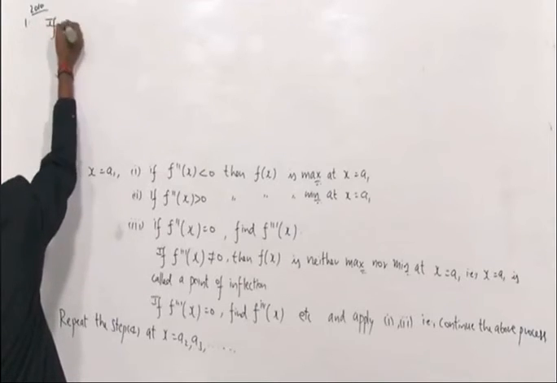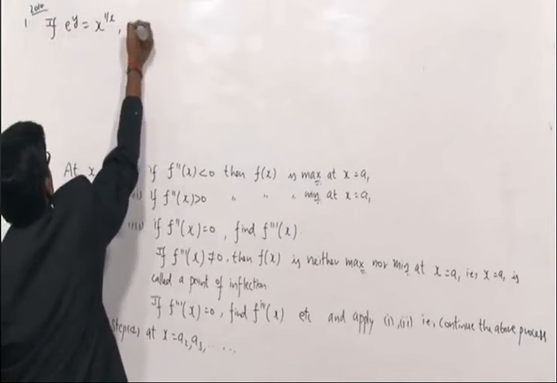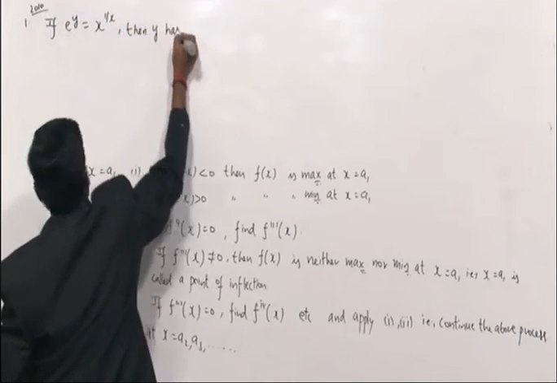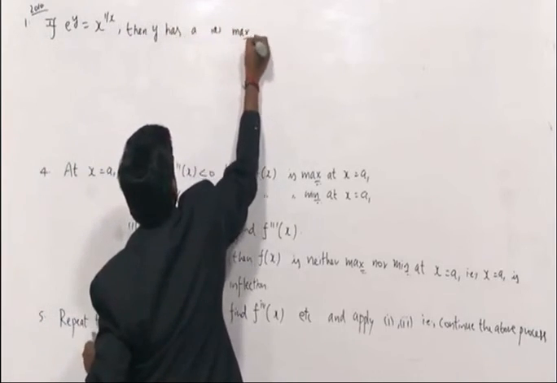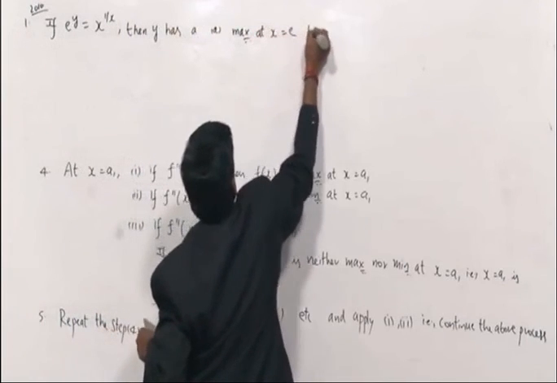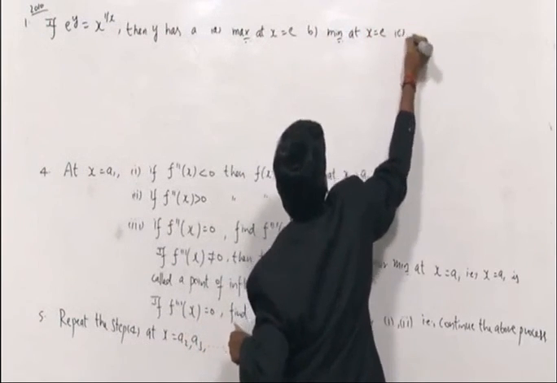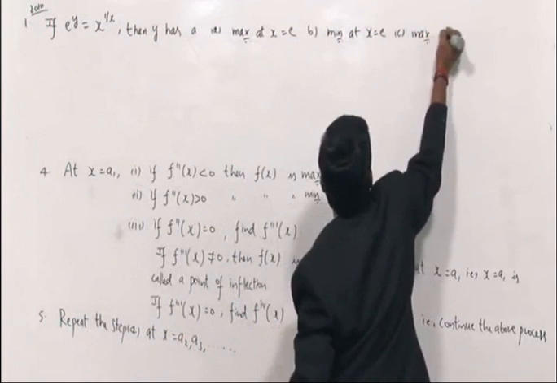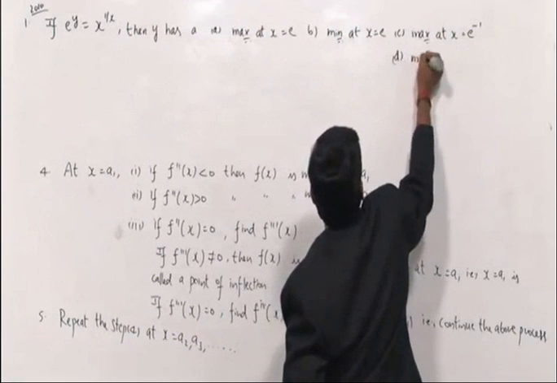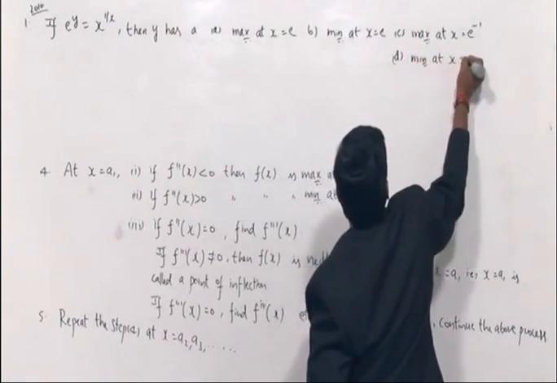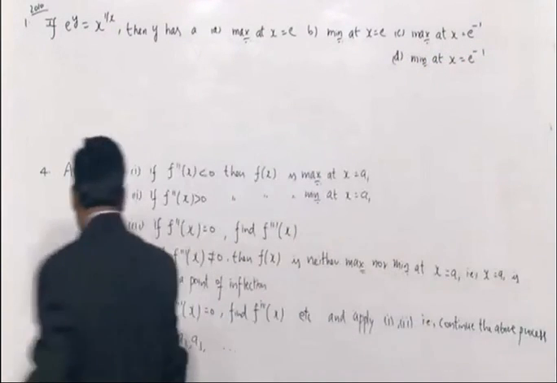If y is equal to x raised to 1 upon x, that is x to the power 1 by x, then y has, option A, a maximum at x is equal to e, option B, minimum at x is equal to e, option C, maximum at x is equal to e raised to minus 1, option D, minimum at x is equal to e raised to minus 1, that is e power minus 1. So all of you please remember the procedure.